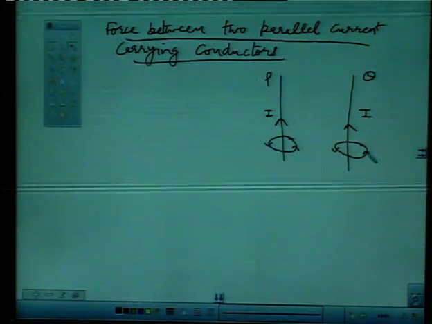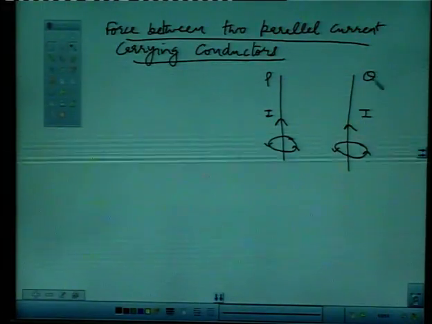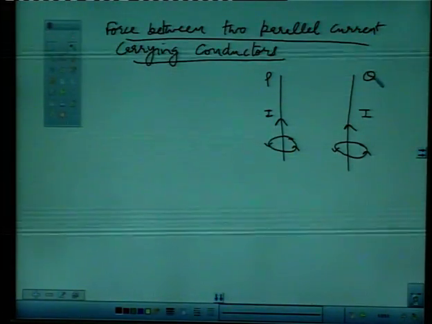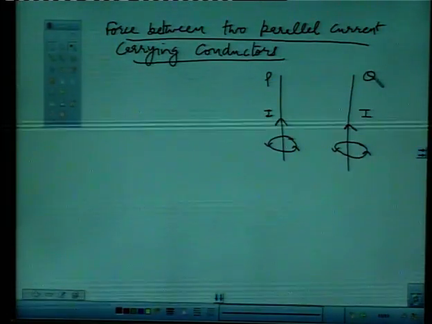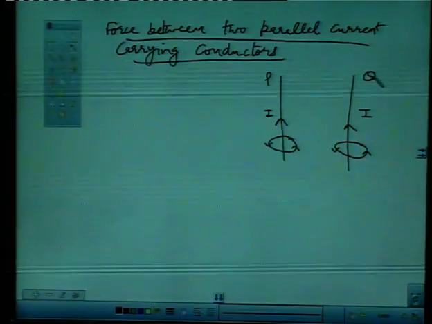These circular lines show the direction of the magnetic field around these straight conductors. Now, we are supposing that the current is flowing along the same direction in both the conductors.